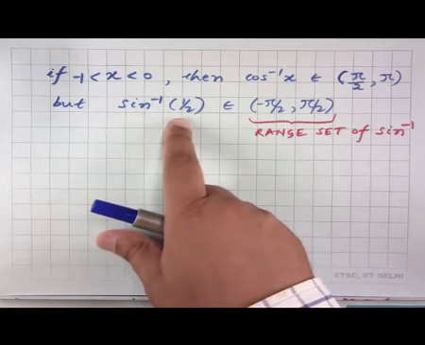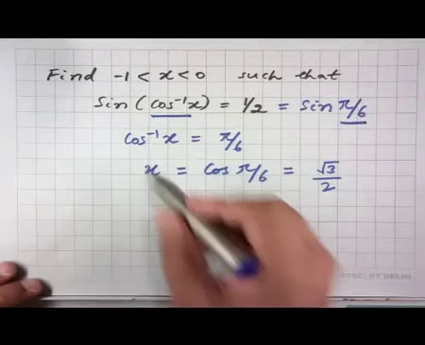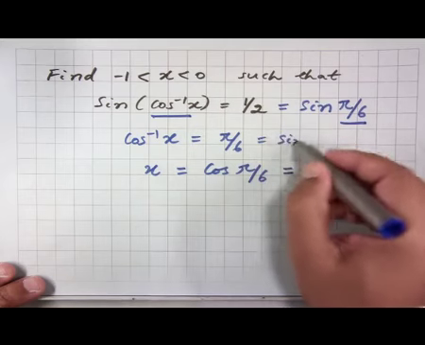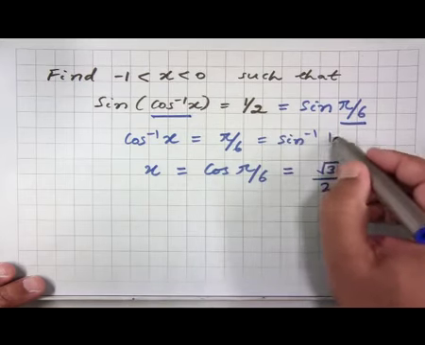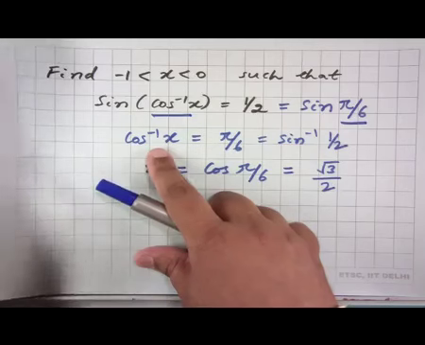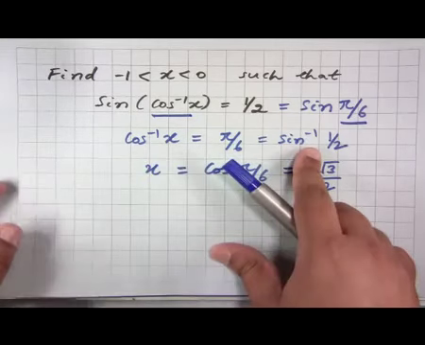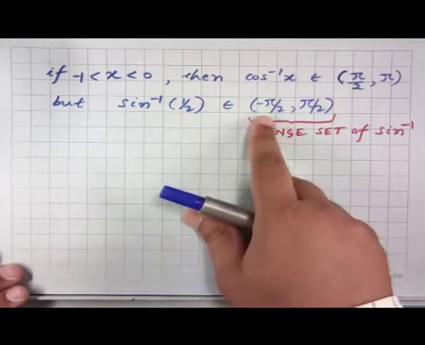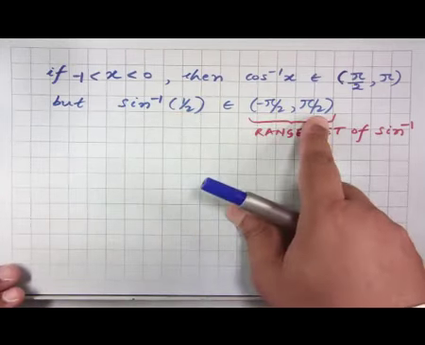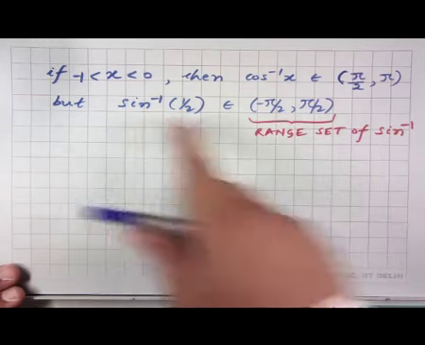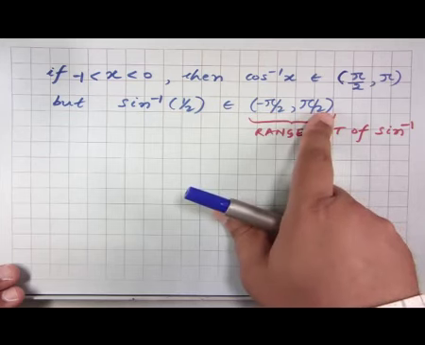So, if you remember, pi by 6 is sine inverse of half. The problem with equating cos inverse x to sine inverse half is that sine inverse half will always belong to the interval minus pi by 2 to plus pi by 2, because the range set of sine inverse is minus pi by 2 to plus pi by 2.